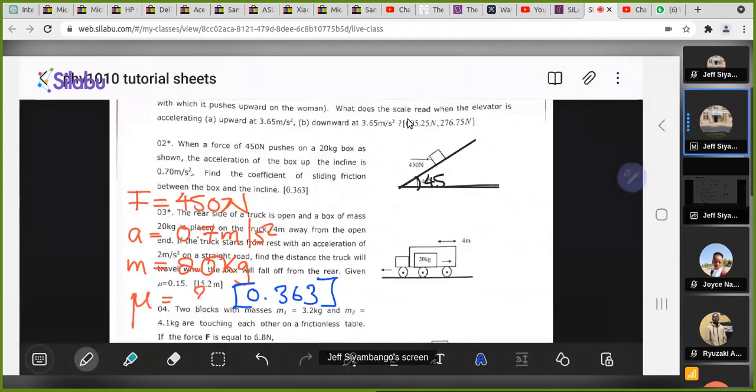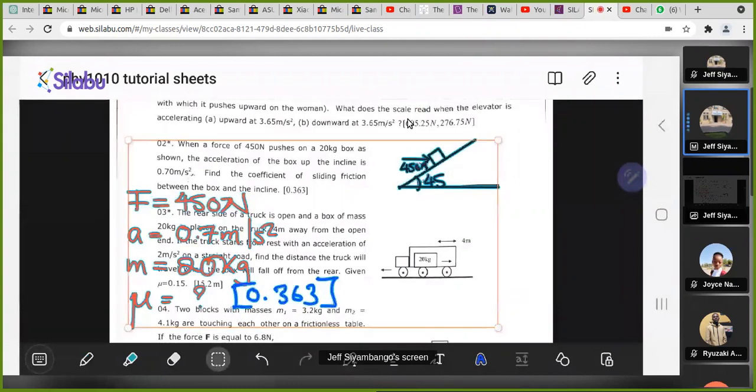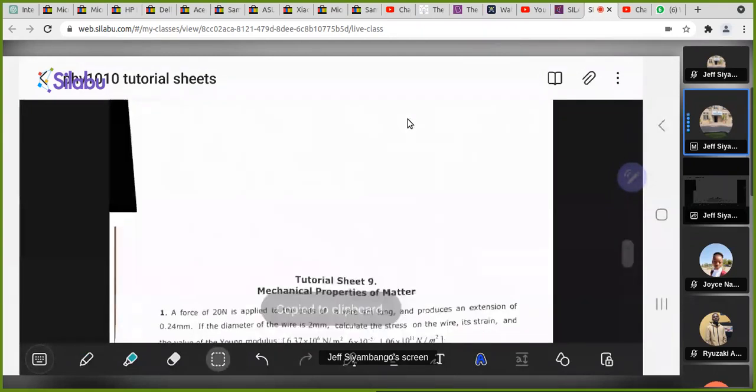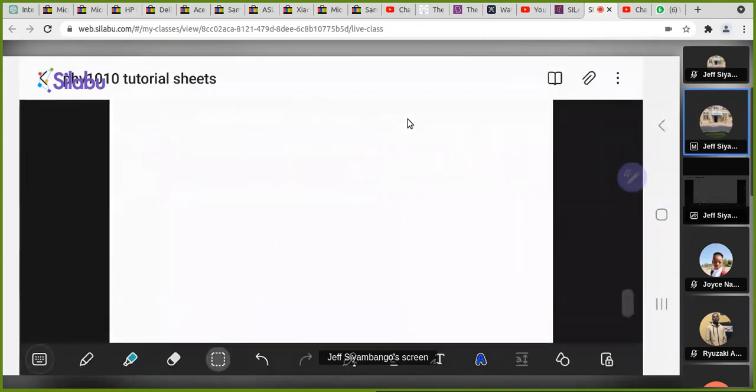We have the object here. So you have that object there, and then the force is given there, and this is 450 Newtons. Okay, so let's quickly get this information, and let's see if we can pull it off. We're looking for the coefficient of friction. Okay, so let's go to a blank page. That is question 2.